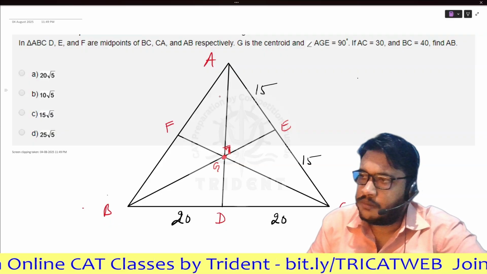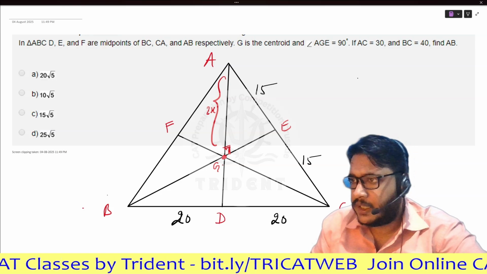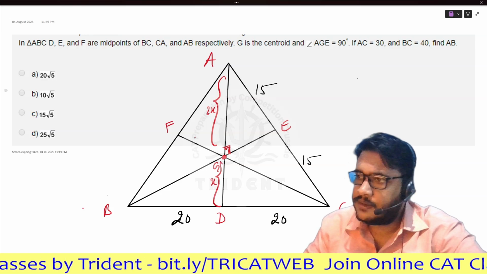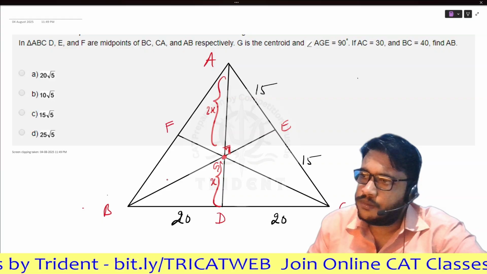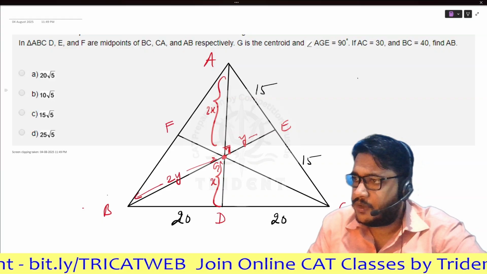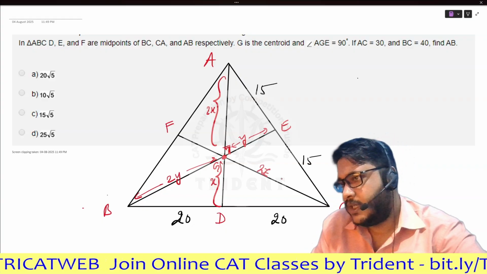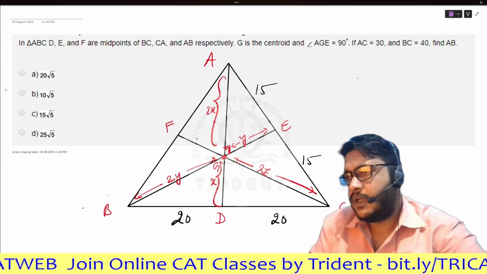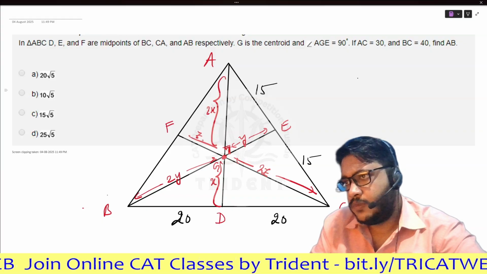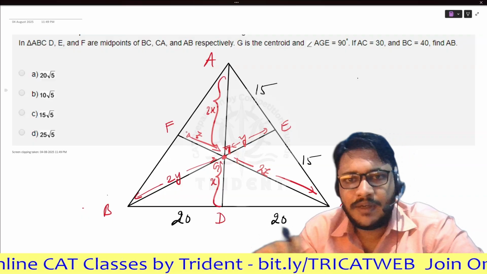So I can say that this part is 2x and this part is x. Similarly, I can assume this part to be 2y, this part to be y. Similarly, this is 2z and this is z. In the ratio 2:1 the centroid will divide the median.